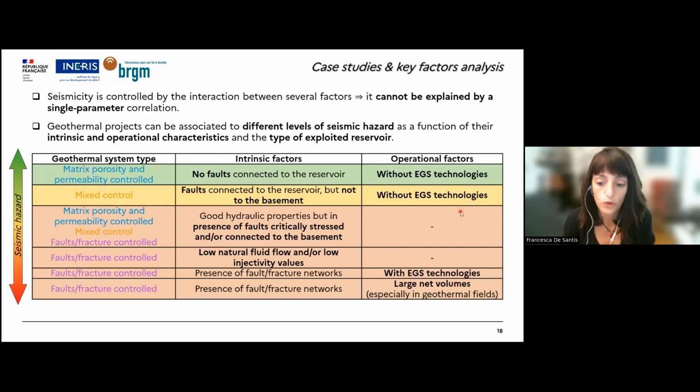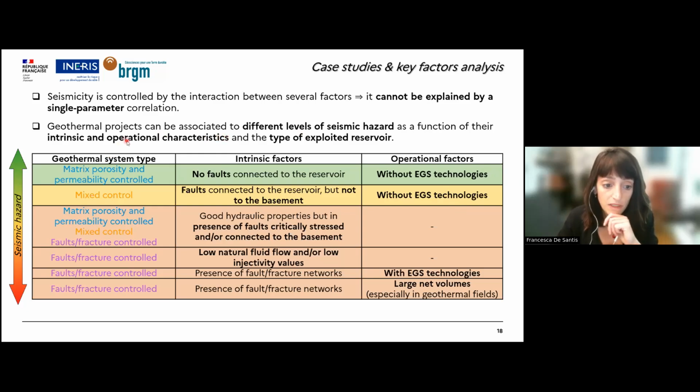But the aim of this analysis was to try to associate a deep geothermal project to a different level of seismic incident hazard in function of the intrinsic and operational characteristics and on the type of exploited reservoir, so the type of geothermal system. So this chart tries to summarize the conclusion given by the case study review.